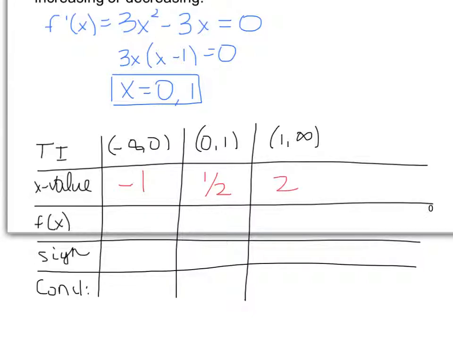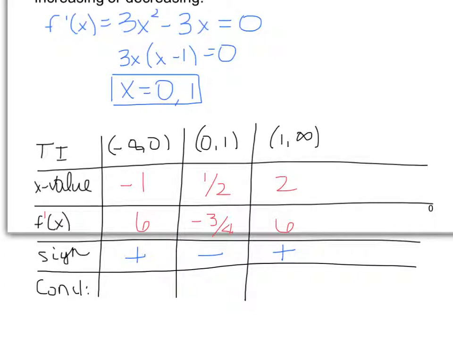Then what I'm going to do is evaluate, and this should be f prime of x. When I evaluate f prime of x at x equals negative 1, I get 6. F prime of x at a positive 1/2 will give me a negative 3/4. And f prime of 2 is going to give me 6 as well. Now the sign is going to come from whatever the sign of this row here is, and we end up with a positive number, a negative number, and a positive number.